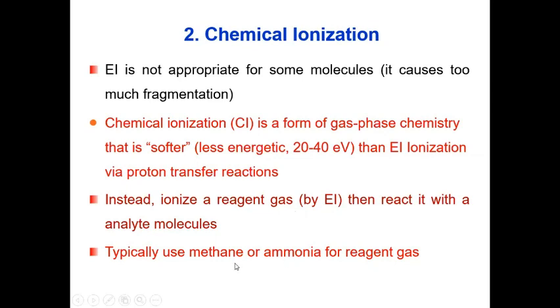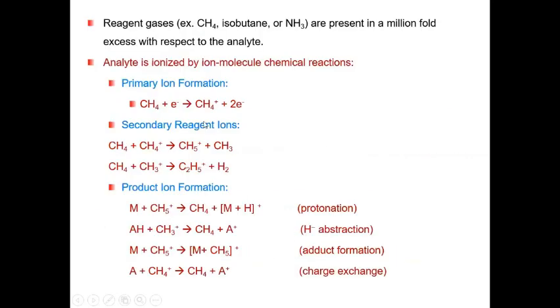Then this methane or ammonia is ionized with an electron beam of 40 electron volts, less energy than electron impact ionization. Then this methane molecule will ionize. This ionized methane molecule again ionizes a neutral CH4 molecule.